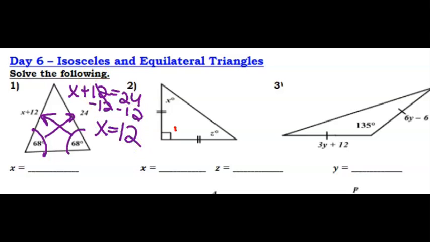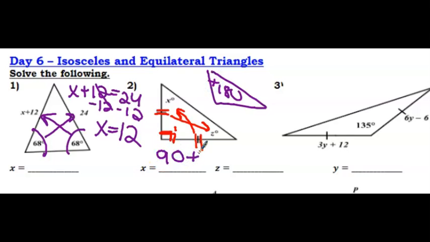Okay? Number 2. These two sides are congruent, therefore these two angles are congruent. So x and z are actually equal. So if I have a 90-degree angle, all triangles add up to 180 degrees. So therefore, I have 90 plus x plus z equals 180.